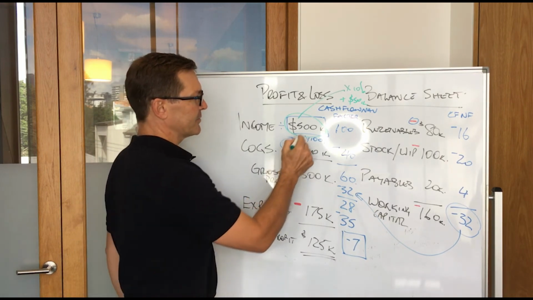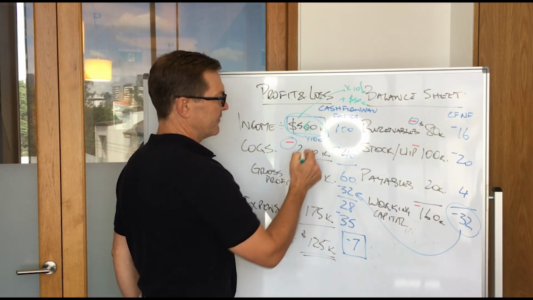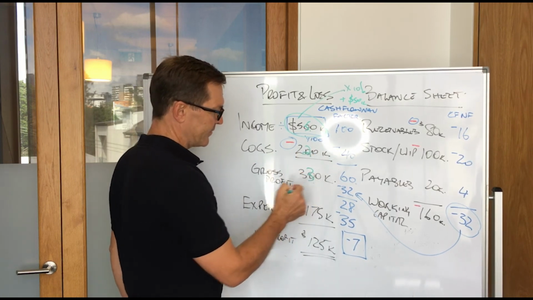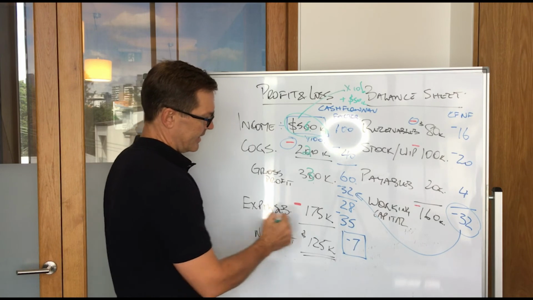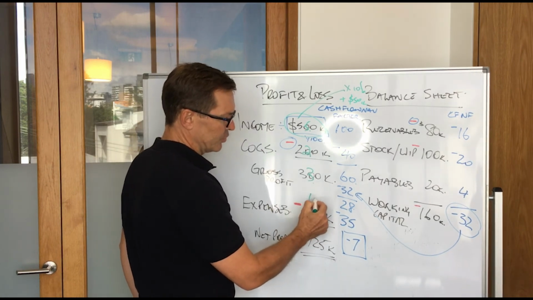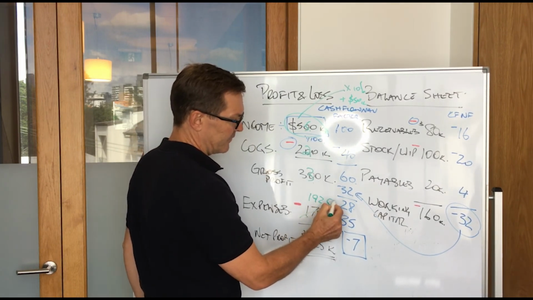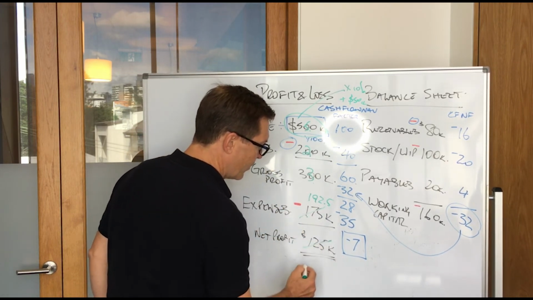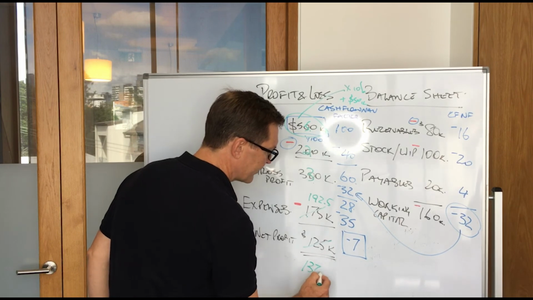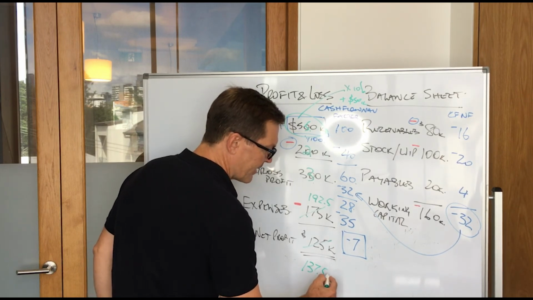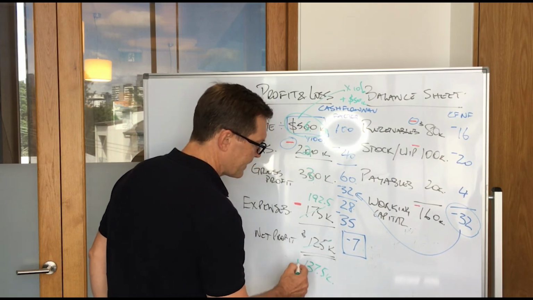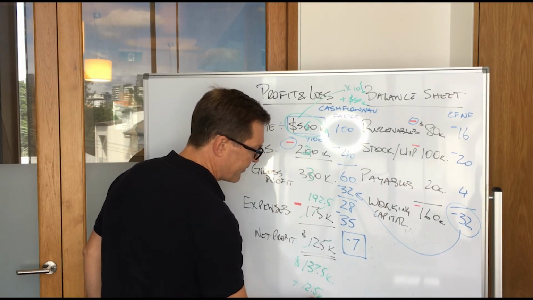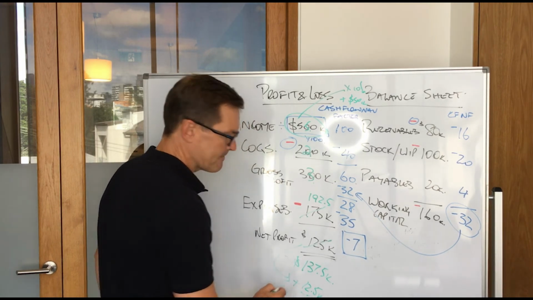So our sales would go up to 550. Our cost of goods sold will go to 220. We'd make 330. Our expenses might go to 192.50. That's an increase of 10%. And we're going to make $137,500. So that's an extra 12,500, or an extra 10%.